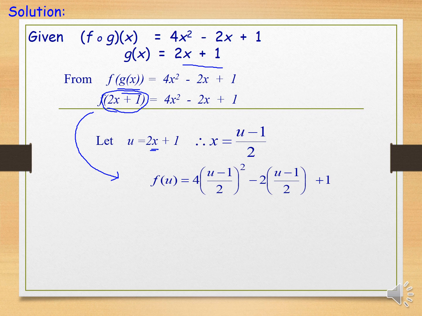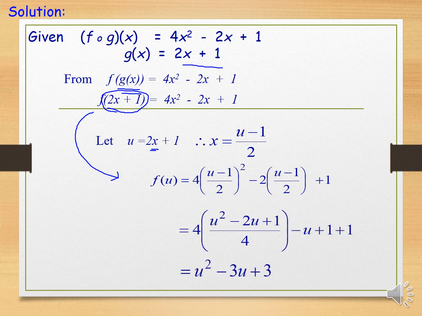Therefore, from here, we get f(u) equals 4 times ((u minus 1) over 2) squared minus 2 times ((u minus 1) over 2) plus 1. Simplifying this, we get u squared minus 3u plus 3. And this is the function f in terms of u.